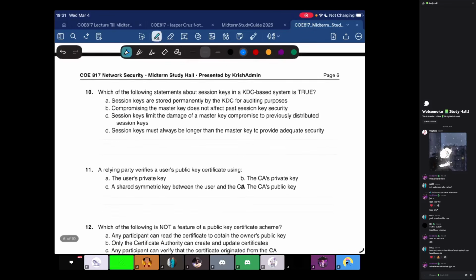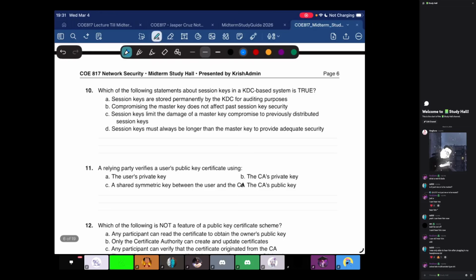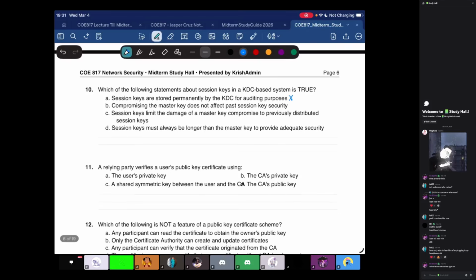Which of the following statements is true about the KDC-based system? Session keys are stored permanently by the KDC for auditing purposes. No, as that is a security risk. Compromising the master key does not affect past session key security. This is also incorrect.